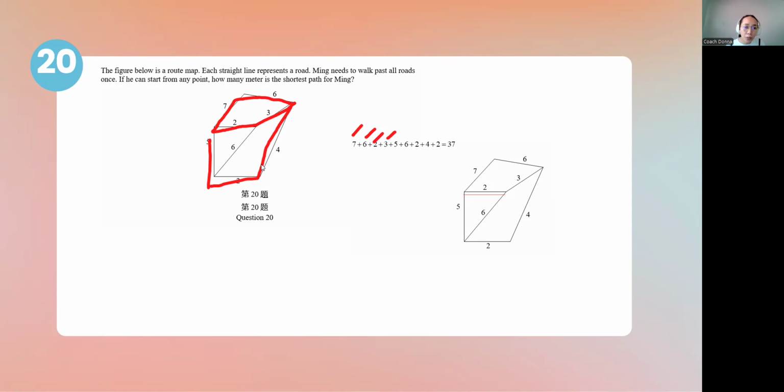They went through here. 7, 6, 3, 2, and then the 5, and then the 6, and then the 2, and the 4. And there's no 2, it should actually be 3. Yeah, I think the shortest way is like this.